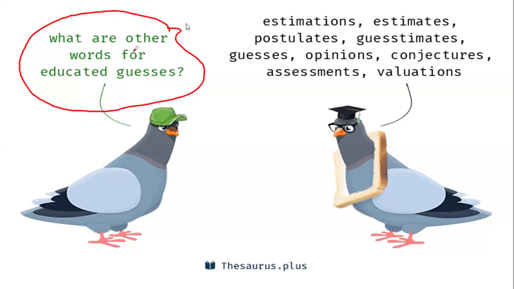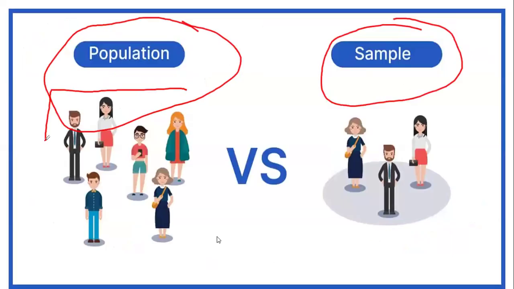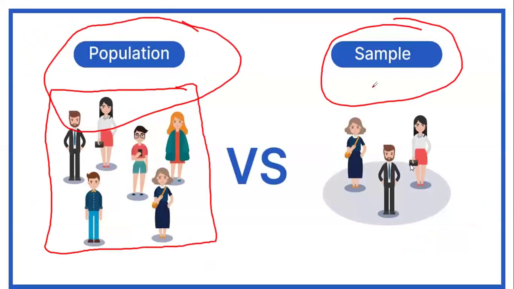I think I already explained a bit. Population simply means that we are getting everything. And the sample is just a portion of this population. For example, here we just got this lady wearing a nice skirt, then this man with a beard, and then this woman with a cabbage.